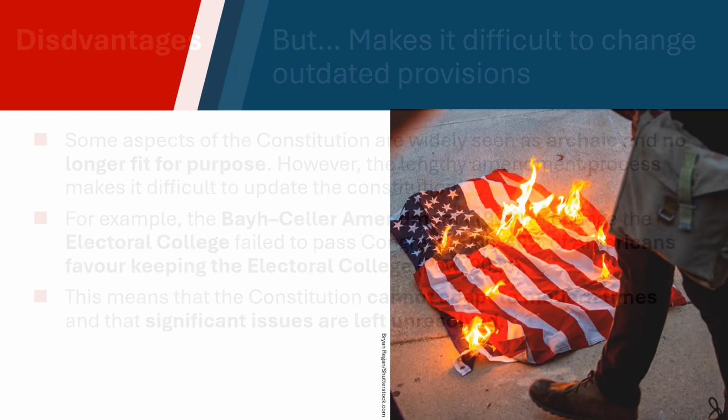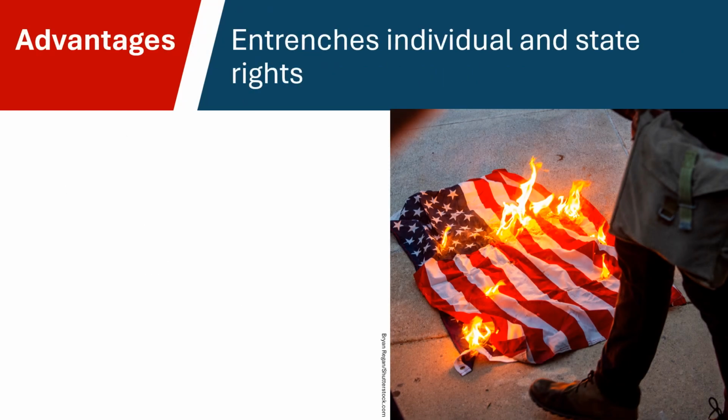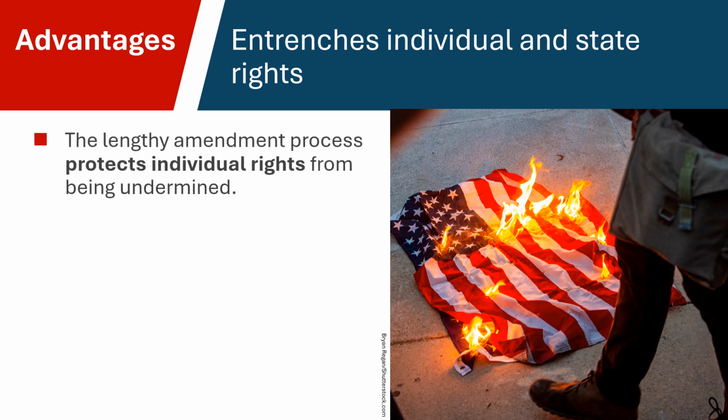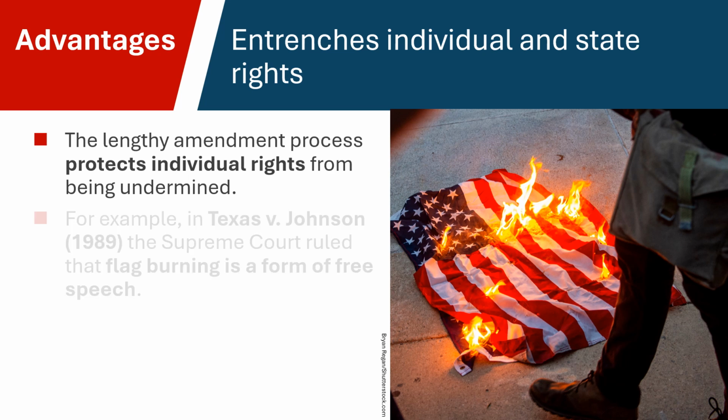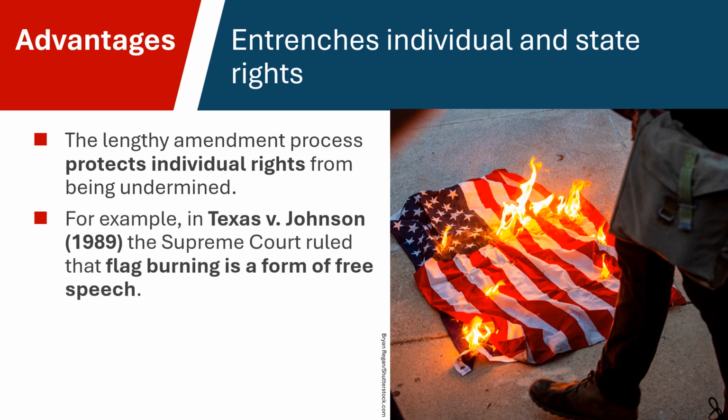The formal amendment process ensures that individual and state rights are entrenched. The lengthy amendment process protects individual rights from being undermined. For example, in Texas versus Johnson, in 1989, the Supreme Court ruled that flag burning is a form of free speech.